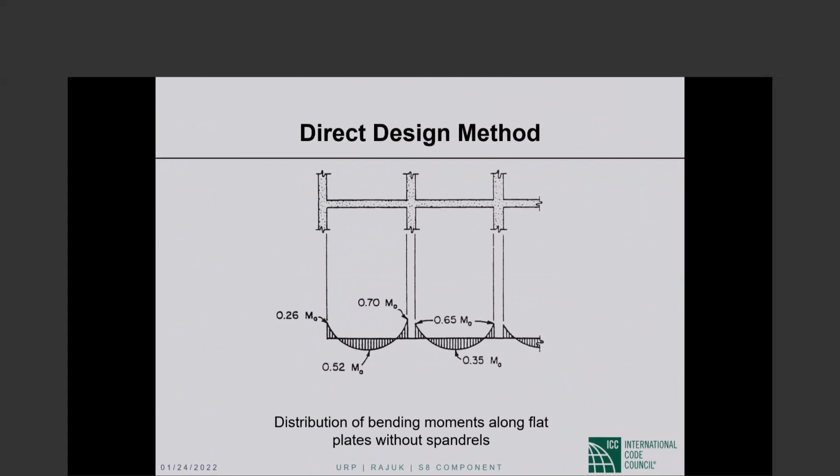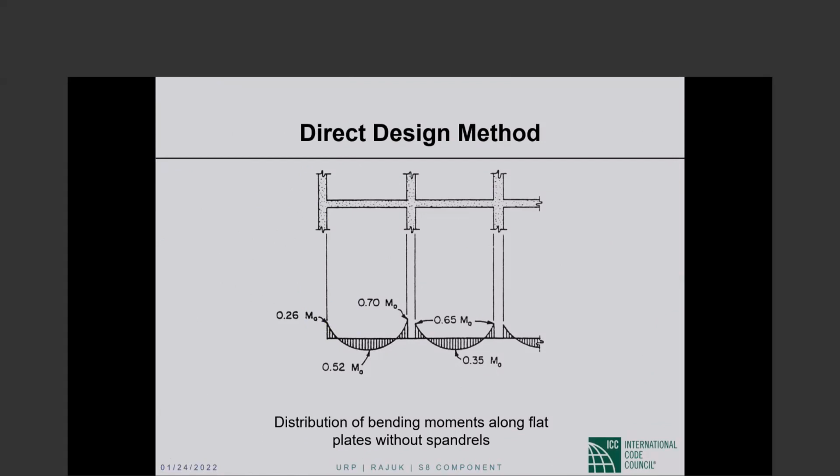So the moment here is 26% of m sub 0, the negative moment in the slab at the exterior support. So normally you will expect to transfer the 26% of m sub 0 to the column.